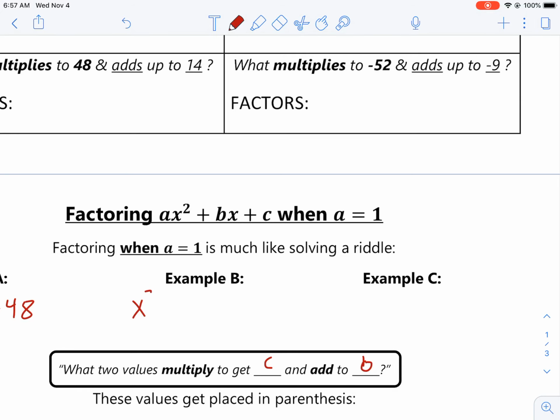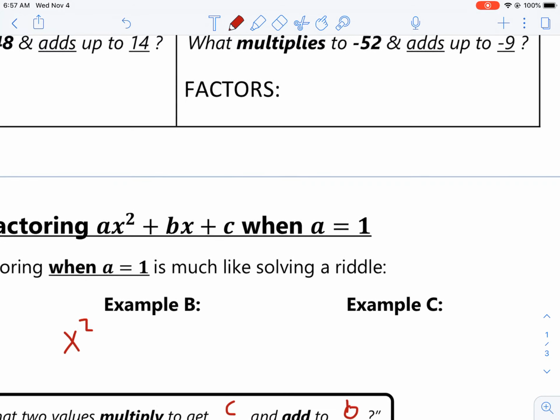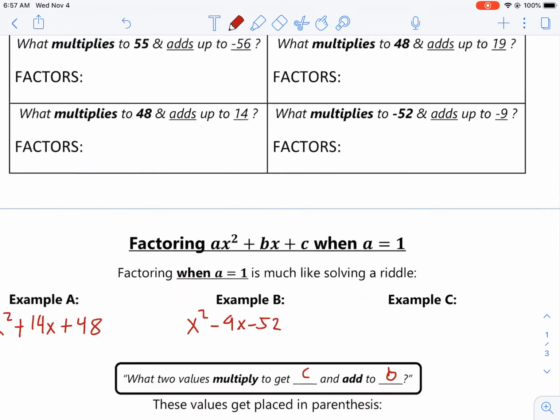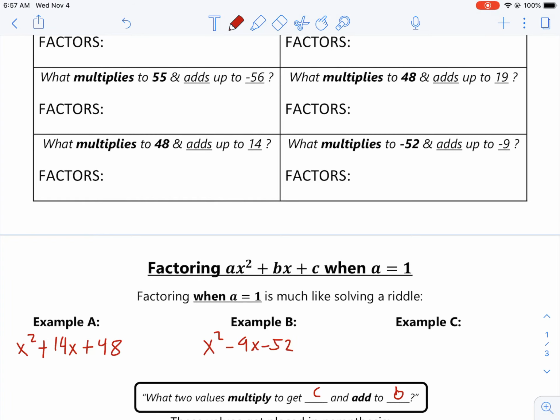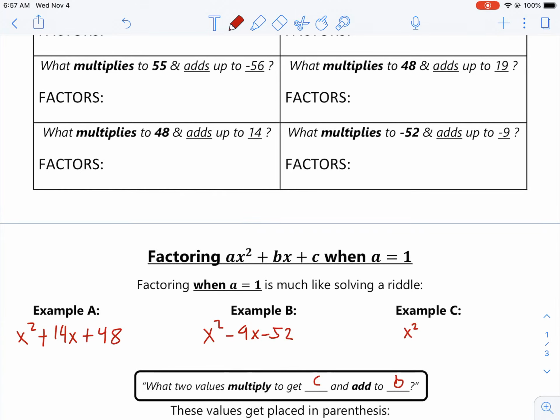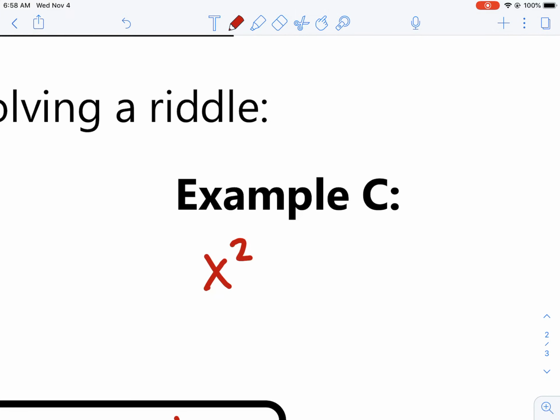That'd be x squared minus 9x minus 52. And let's do this one right here. What multiplies to 55 and adds to -56? We've got x squared minus 56x plus 55.